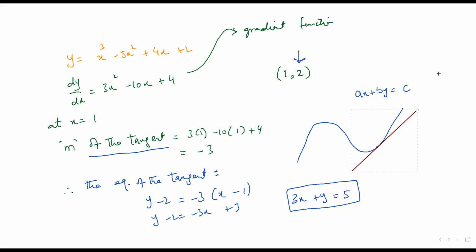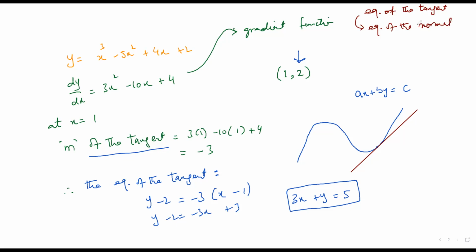And now the next question is that you also are required to write down the equation of the normal. One thing is writing down the equation of the tangent, and its cousin is the equation of the normal.